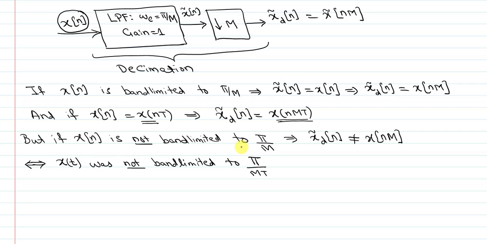So if your original sequence is not band limited to pi over M, then your original continuous time signal was not band limited to pi over MT.